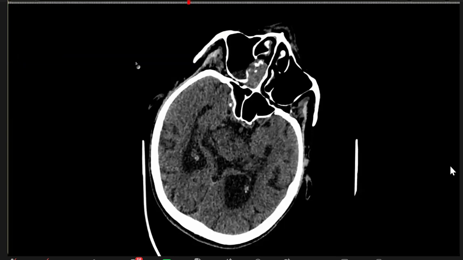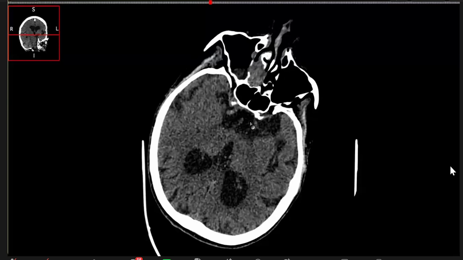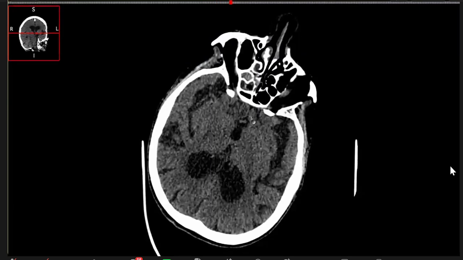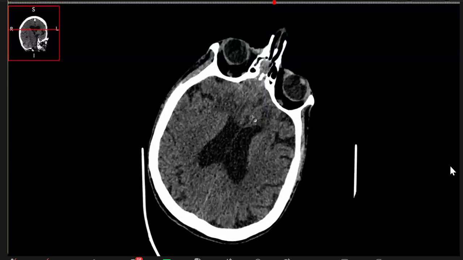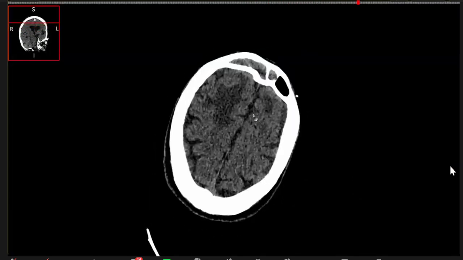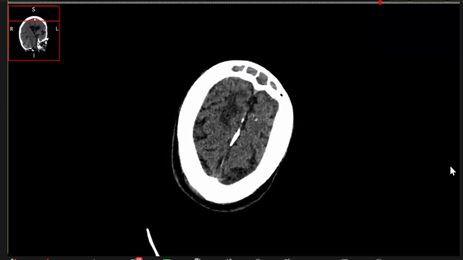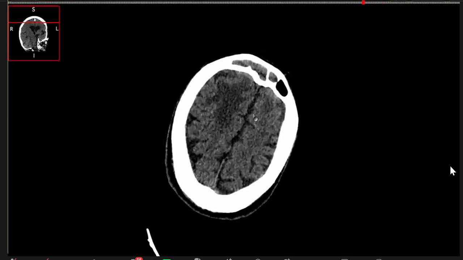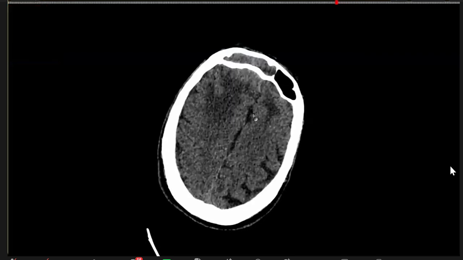Soft tissue intensity lesion is seen in the right posterior ethmoid sinus, which is causing thinning of the bones, and soft tissue attenuation material is also seen in the bilateral frontal sinuses.